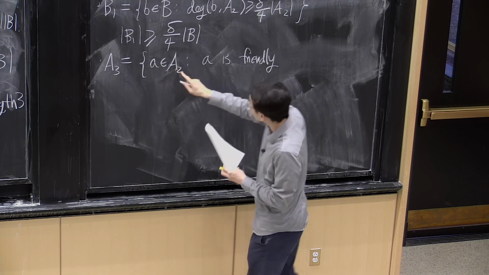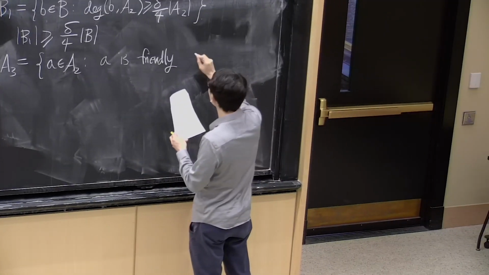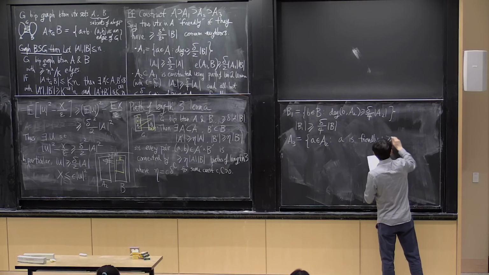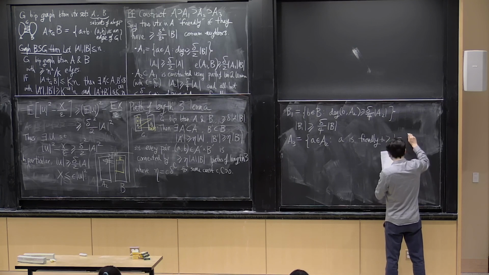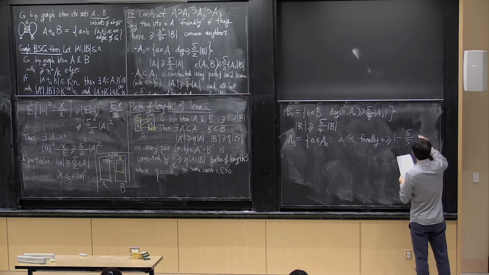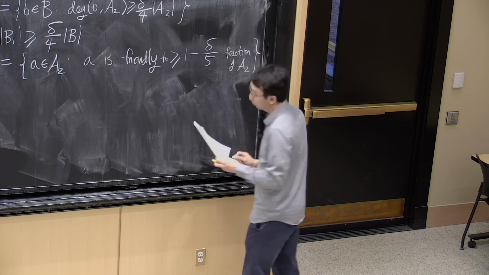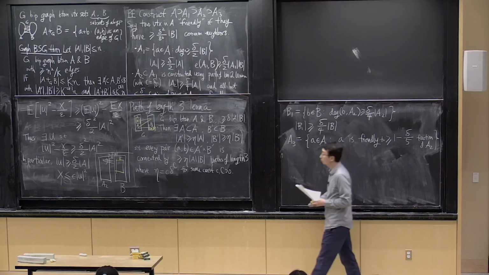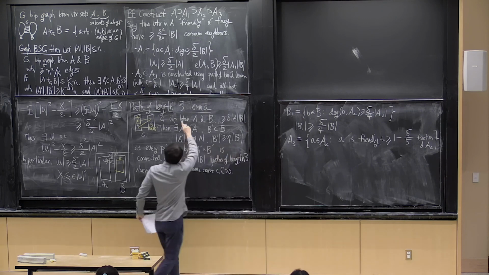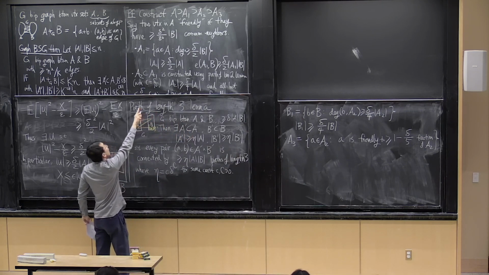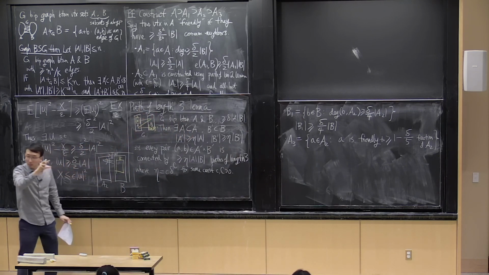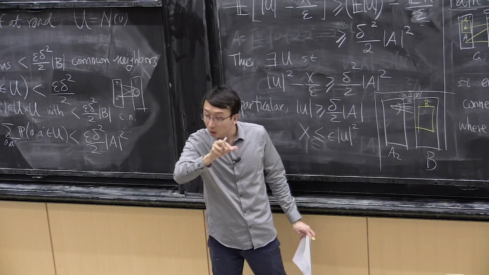So vertices A in A2, such that A is friendly to at least 1 minus delta over 5 fraction of A2. So we saw that in A2, most pairs of vertices are friendly.